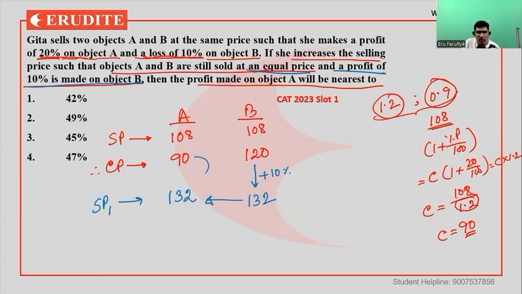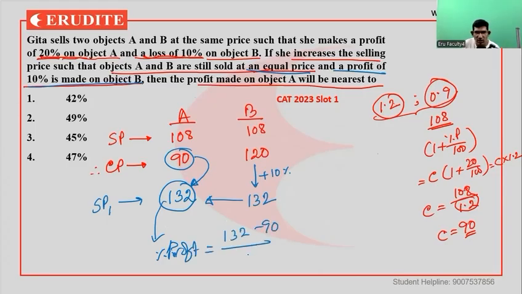So what is the profit on product A if it is sold at the same selling price? Simple. The cost price is 90 and the selling price is 132. That is very basic: sales price minus cost price upon cost price into 100, which is 42 upon 90 into 100.